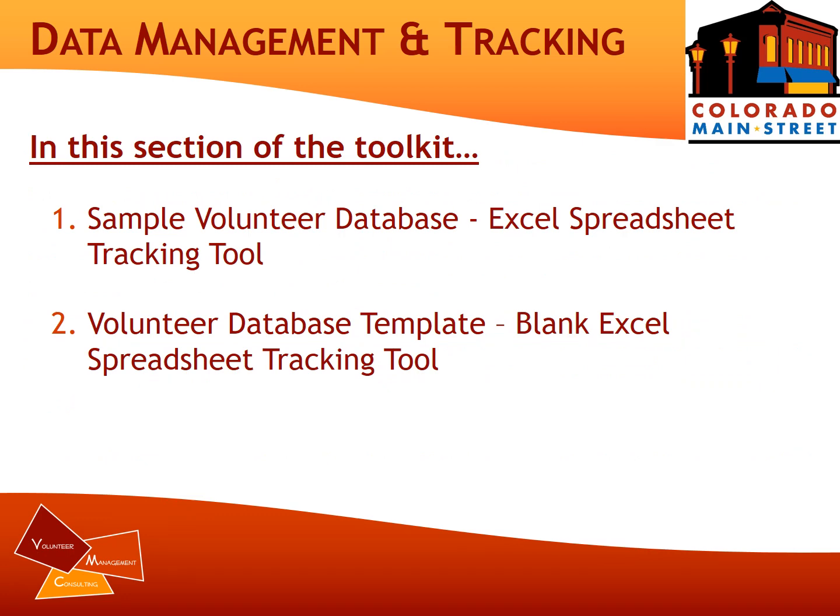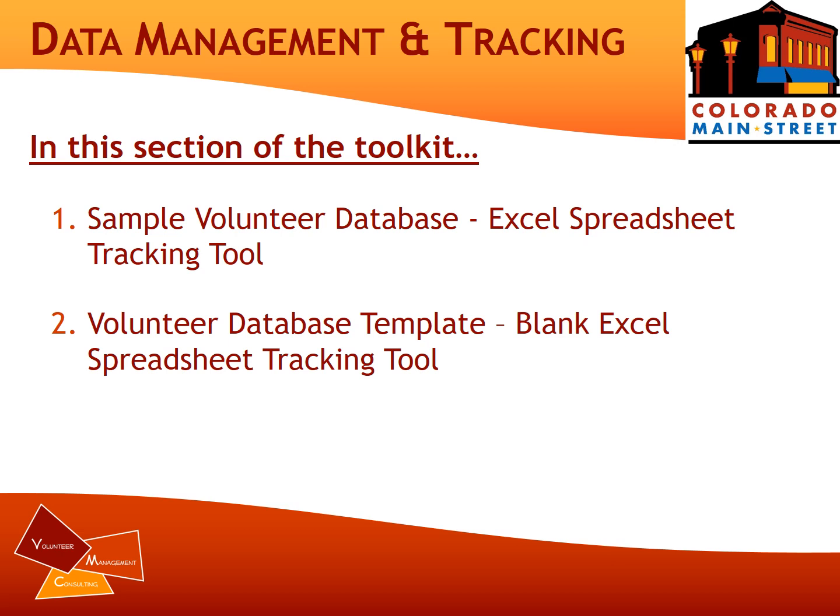In this section of the toolkit, you'll find two Microsoft Excel files. One is a sample database with dummy information entered to demonstrate the functionality of the tool, including multi-selection drop-down lists to track and filter based on volunteer interests, formulas to display the volunteer's name using a nickname if one is entered, formatting for phone numbers, drop-downs to look up volunteer name for tracking volunteer activity, formulas to calculate hours based on start time and end time, and pivot tables to tally hours donated by volunteer, by role, and by calendar year quarter.